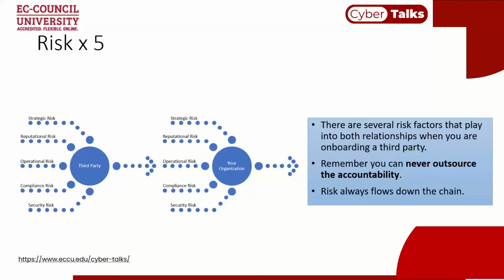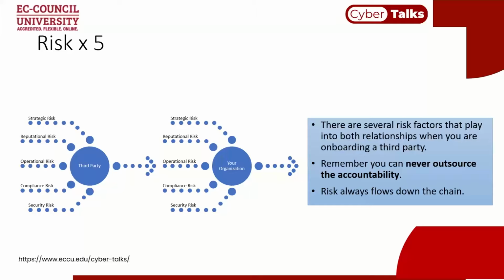Now, the risk flows both ways, and as you look carefully here, as you outsource to your third party, whatever risk they have will flow up to you as well. And a lot of organizations and a lot of management believe that if you outsource to your third party, you're outsourcing a lot of the risk and issues, and most of them don't realize that you can never outsource the accountability.